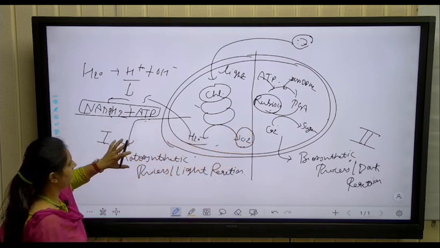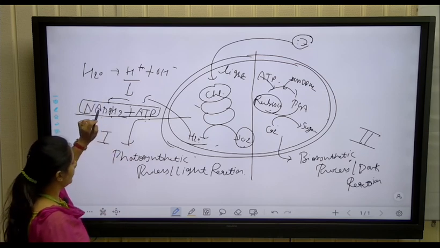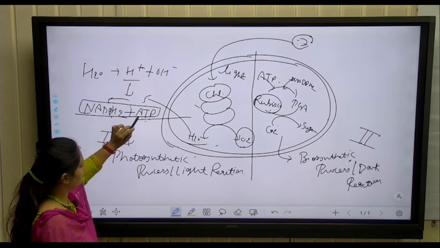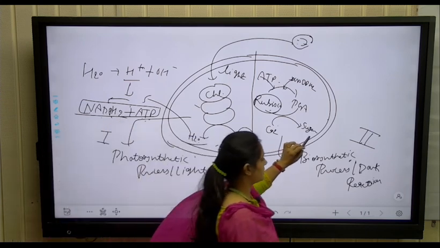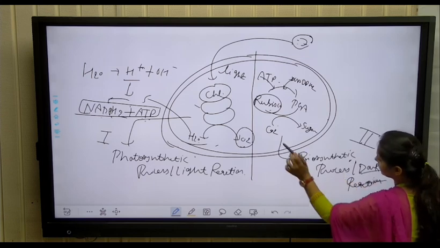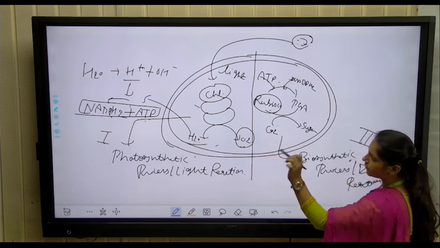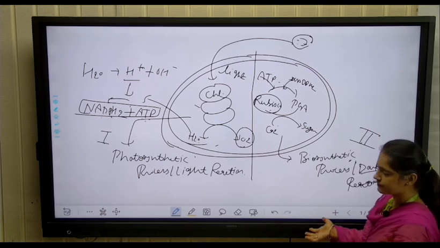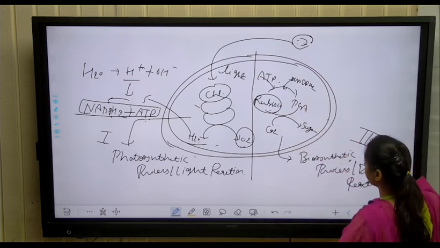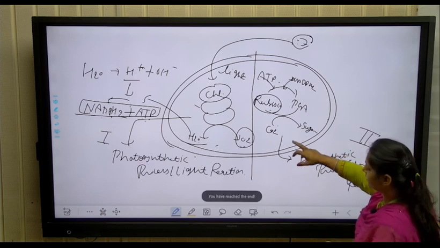Now, the first phase is the photosynthetic phase, where oxygen is evolved and NADPH2 and ATP are formed. These two things are used in the second process, that is the dark reaction, and this is known as the dark reaction because light is not utilized there. Only the products of the first reaction are utilized there for the synthesis of sugar from CO2 molecules.